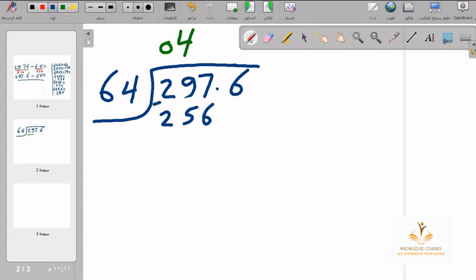We make the subtraction. That's equal to 41.